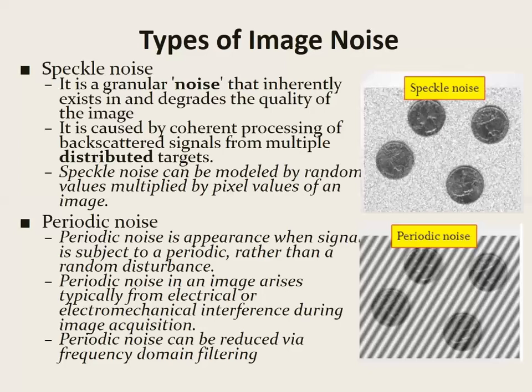Periodic noise, the name itself is periodic. They are happening periodically. The noises happen because of either electrical or electromechanical interference. So an upside down combination of the foreground and the background happens within the image.